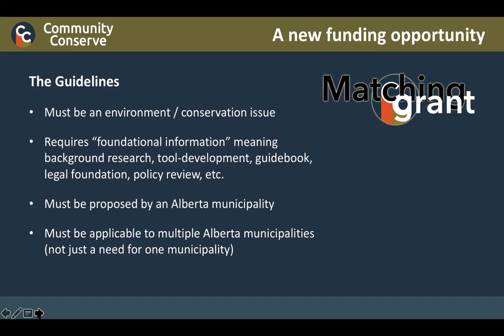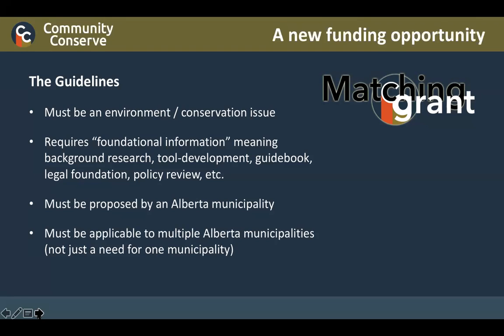It can't be proposed by someone on behalf of a municipality or a citizen within. It has to come from the municipality. And it's got to be applicable to multiple Alberta municipalities, not just the need of one municipality. This is a principle of the Community Conserve mechanism: the idea of pooling funds to address issues that everybody is facing. There are cases where, after that general issue has been considered, individual municipalities want further help, and there's absolutely nothing stopping that happening.